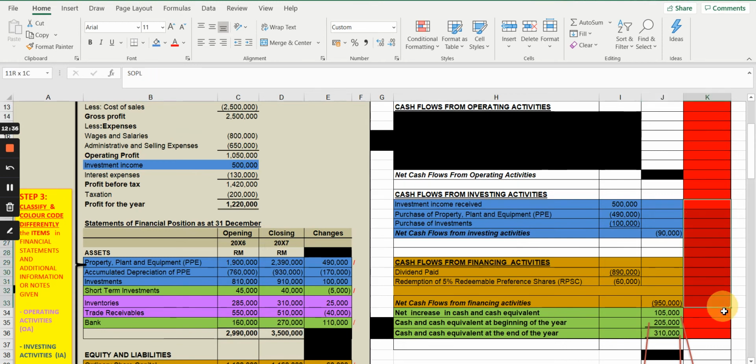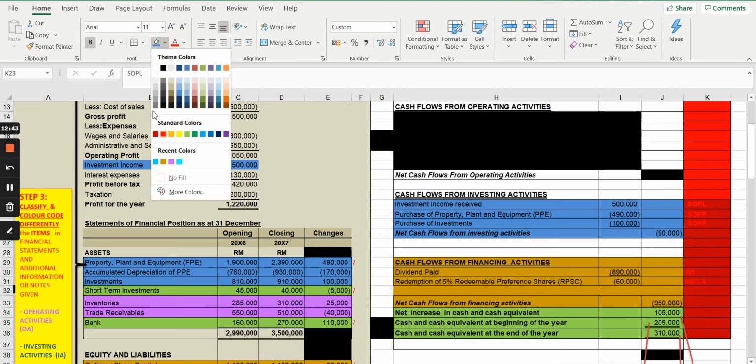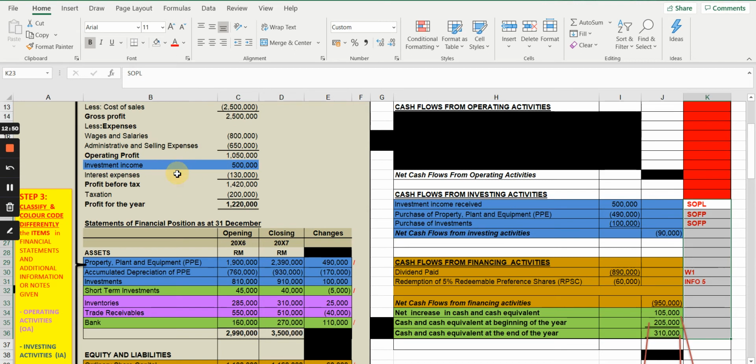Okay, here I have put some reference for you. If you want to see, I can open it up for you. These are where I referred to, in case you need some reference to get the information. This one was directly from SOPL. This one was from SOFP, or balance sheet. This is from working one, if there is a working, but here there is no working one, but this is actually info. I put here the info number.